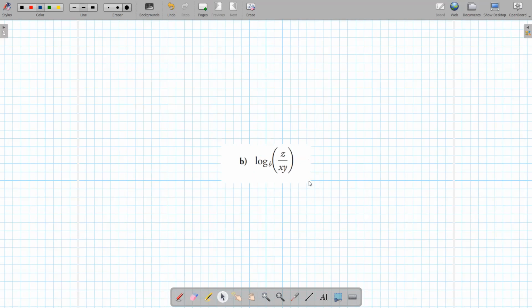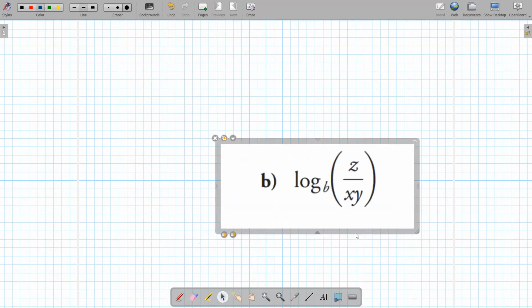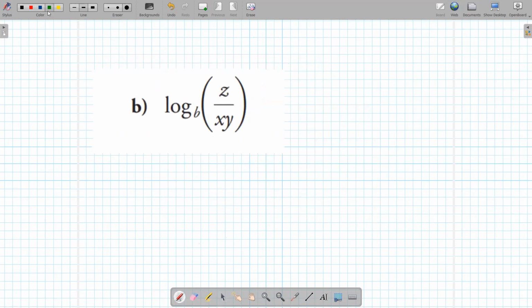This one, how do we split them up? You subtract. So you get log base b of z minus log base b of xy. Is that the final answer? Yes.